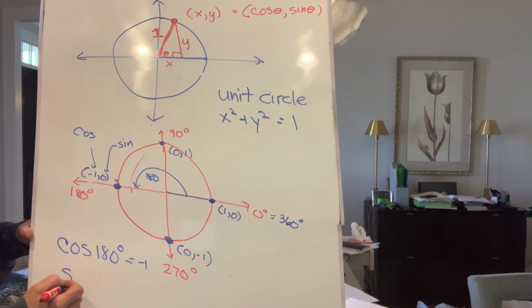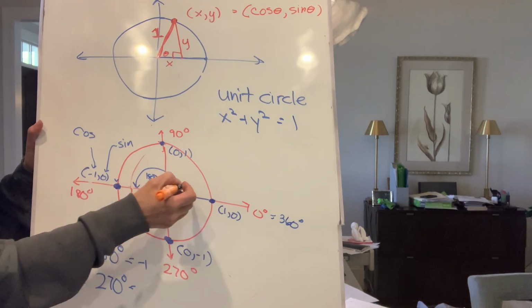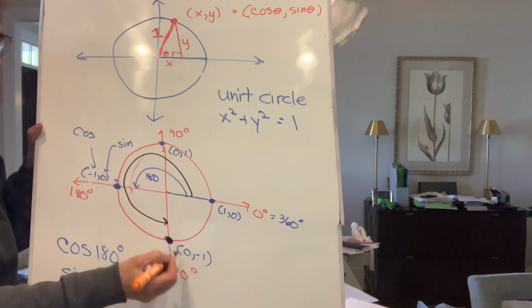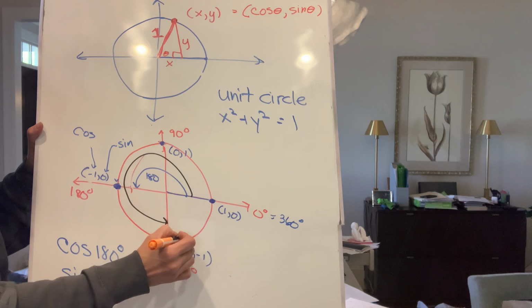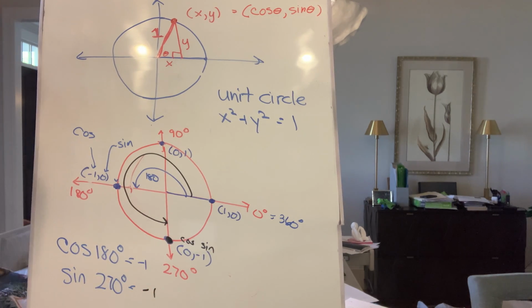All right, if I asked you to find the sine of a 270-degree angle, I would make my angle 270 degrees, comes around to here. The coordinates at this point are 0, -1. This is cosine, this is sine, so the sine of 270 is -1.